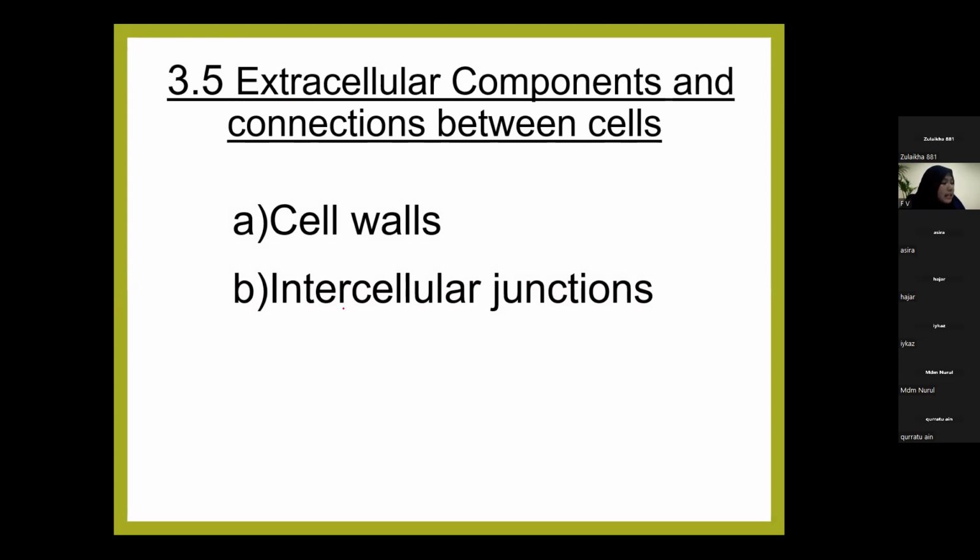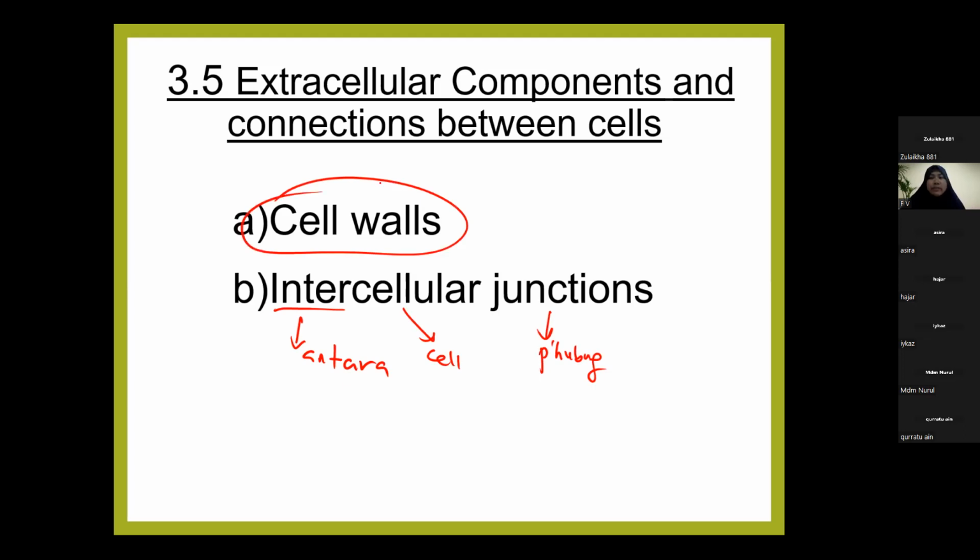Intercellular junction, inter maksudnya antara. Cellular, cell. Junction, persimpangan lah ataupun penghubung lah. Penghubung ataupun persimpangan antara sel dengan sel. Okay, so that is intercellular junction. So we are going to discuss the cell wall first. Okay.